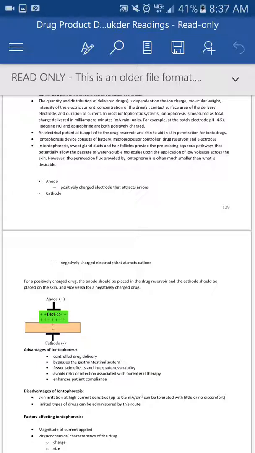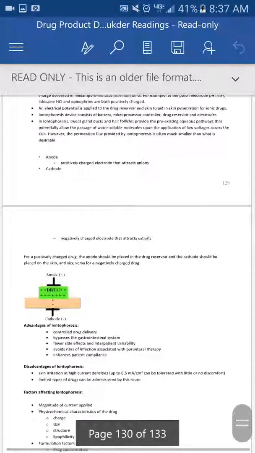So all this is just common sense to what you would think would be important for an ionophoretic system. Keep in mind, it's best to have them in aqueous solution, and they want to be ionized. The drug is ionized. Electrical potential is applied to the drug reservoir to aid in skin penetration for ionic drugs. Ionophoresis device consists of battery, microprocessor, controller, drug reservoir, and electrodes.